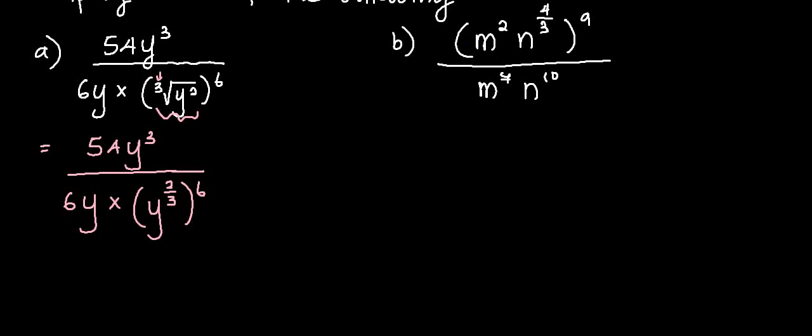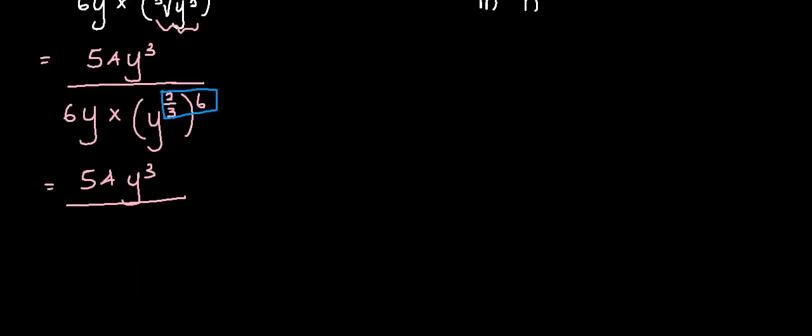Now I'm just trying to simplify it more. The outside 6 here, I can just times it with this. So this thing I can just break by timesing them. So in here, I will get 54y cubed over 6y times, and here when I do it, I would get y power 4.